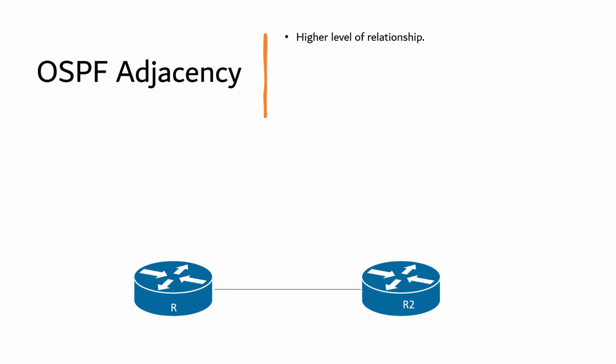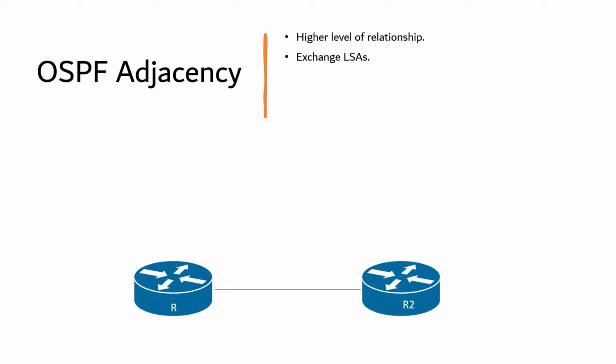An OSPF adjacency is a higher level of relationship between two OSPF routers. It occurs when two OSPF routers become neighbors by reaching the two-way state in the OSPF neighbor state machine. Once this adjacency is formed, routers begin exchanging LSAs.